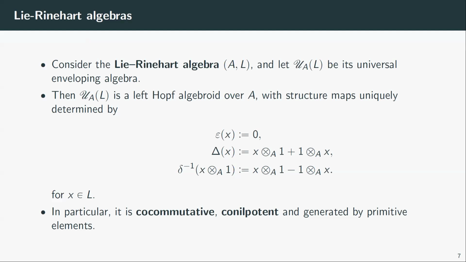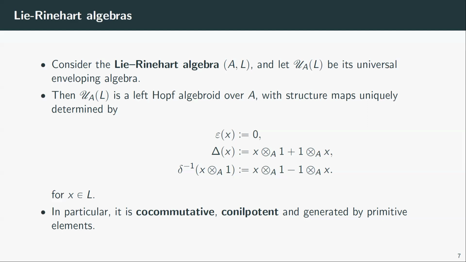Here I use the left action, and I just send h to delta of h minus 1 tensor h minus h tensor 1. And then I can define the iterations of delta bar, n plus 1 times.